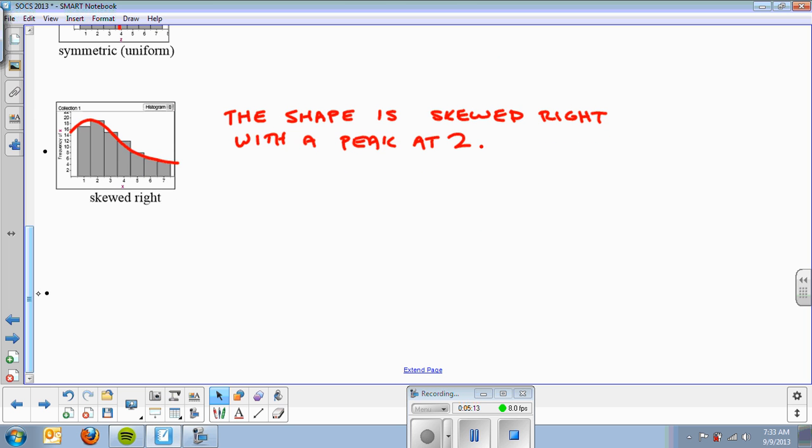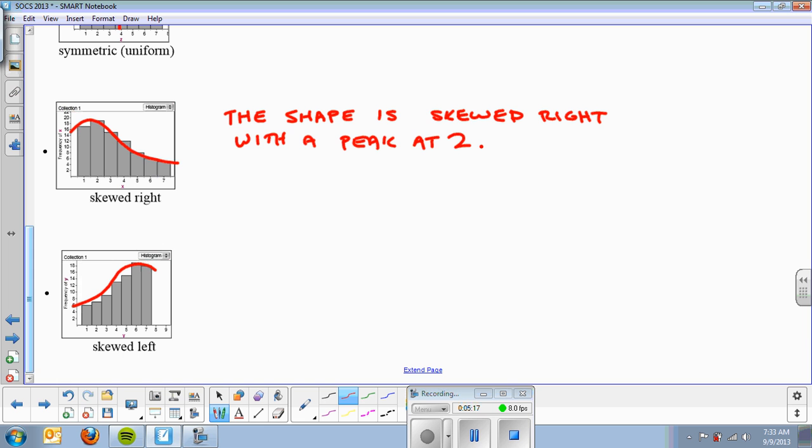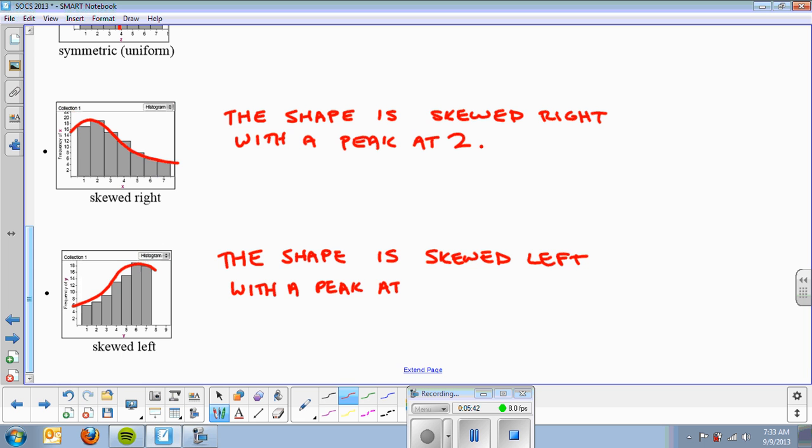And then the last one, of course, we have is skewed left. Same idea, and I'm getting you used to writing in complete sentences, because when you answer these, you should write in complete sentences. So the shape is skewed left with a peak at, it looks like, 6.